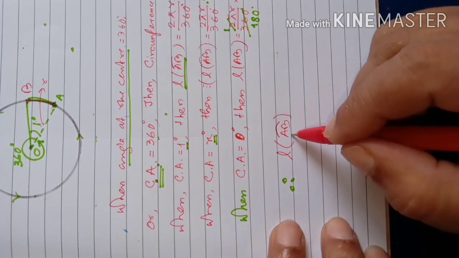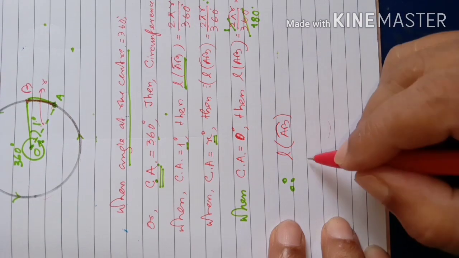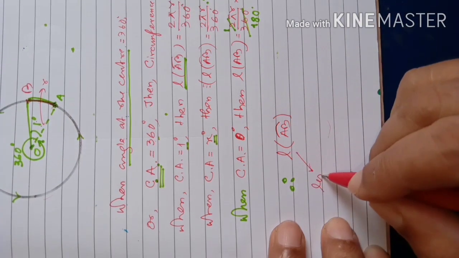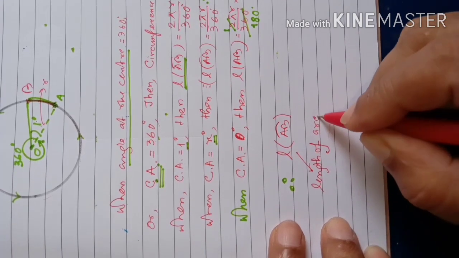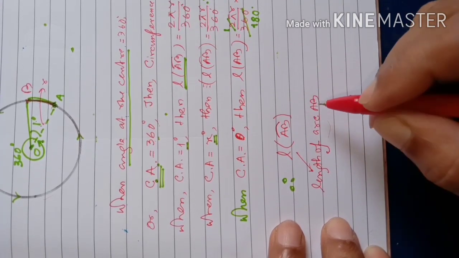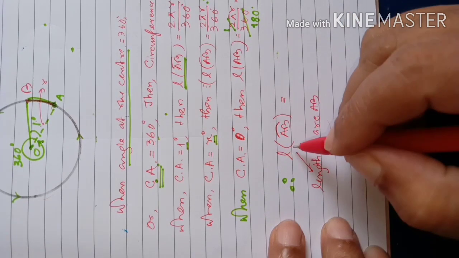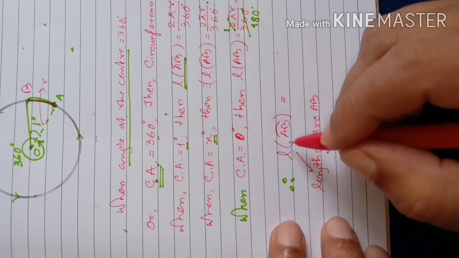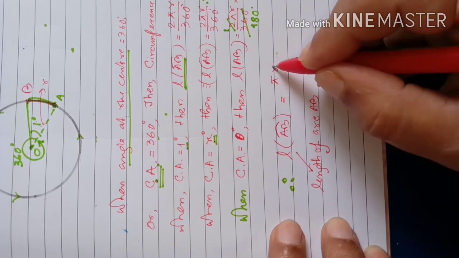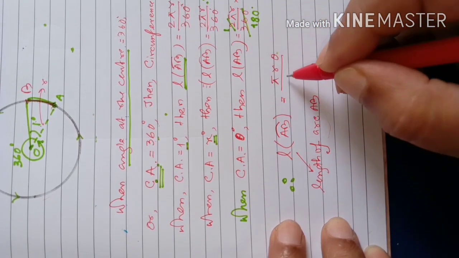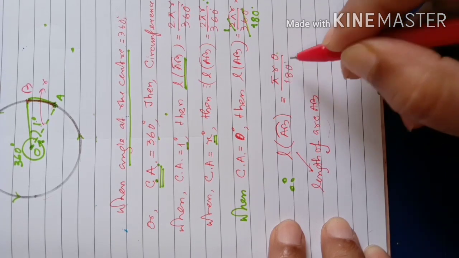Length of arc AB. In words, if you read it, it will be length of arc AB. Like this you have to read. No need every time, just you write like this and just you say that this is length of arc AB. It's equal to pi r theta by 180 degree.